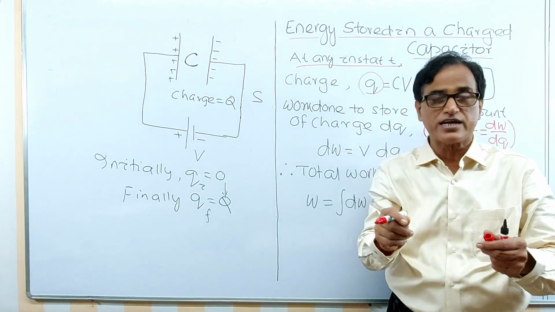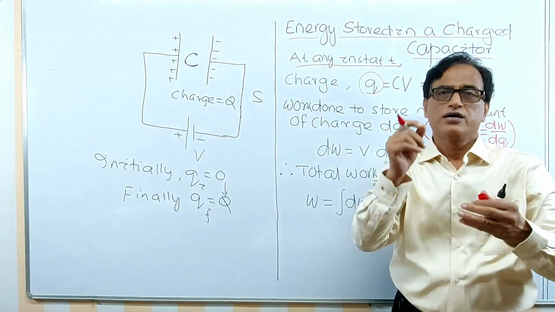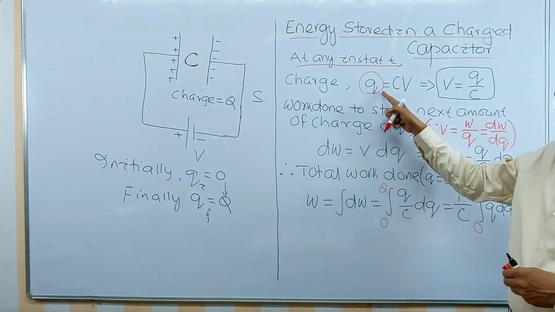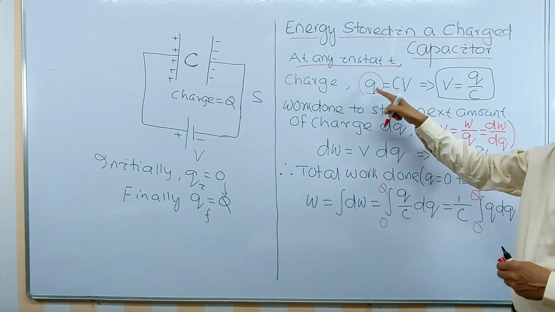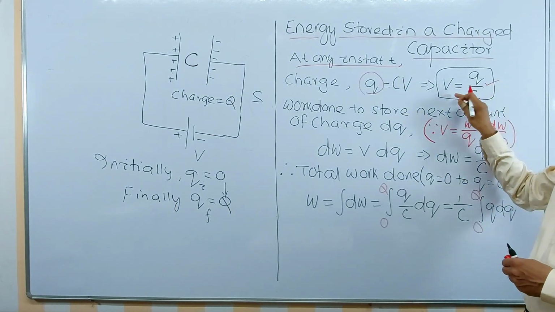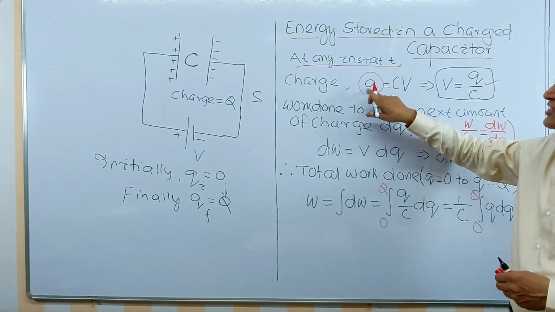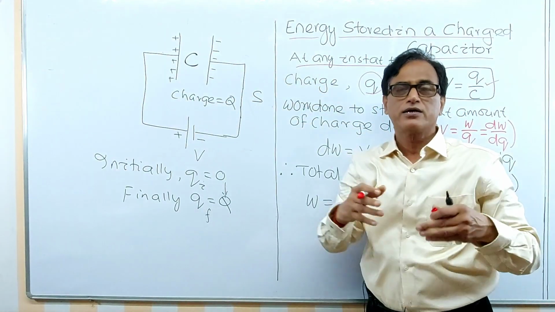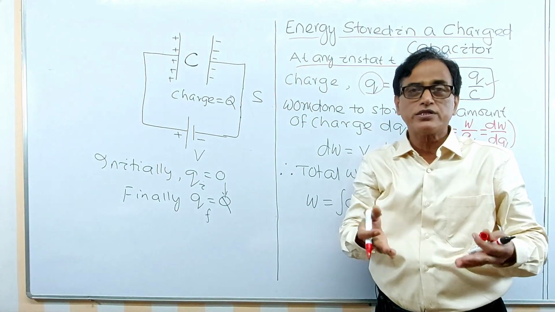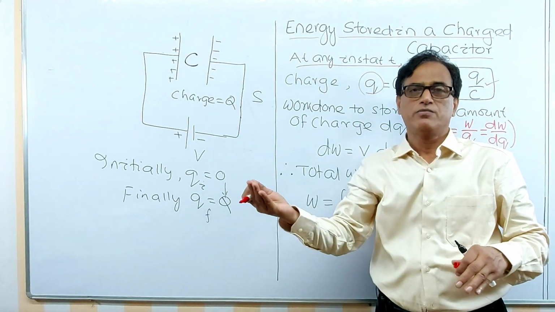So at any instant during the charging process, let the charge q equal C into V, such that the potential V is equal to q upon C. This is the voltage when the charge q is stored across this. That is neither initial nor final; it is intermediate between minimum and maximum.